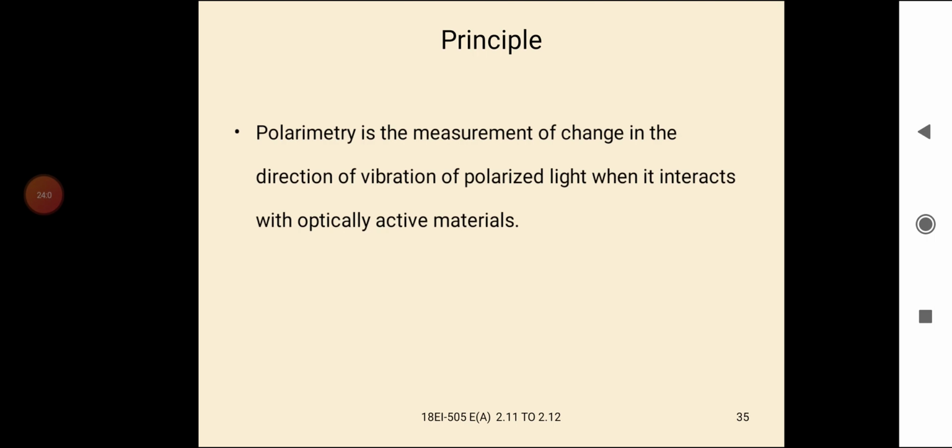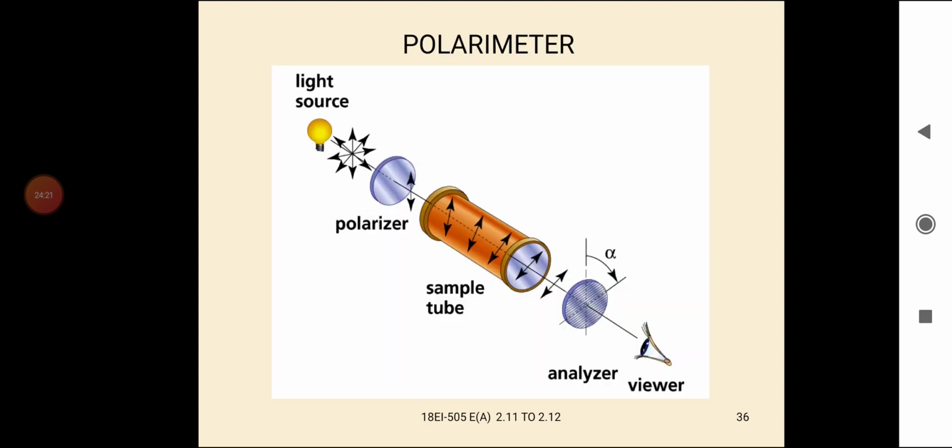Principle: polarimetry is the measurement of change in direction of vibration of polarized light when it interacts with optically active materials. A typical polarimeter is shown in the block diagram in the picture.